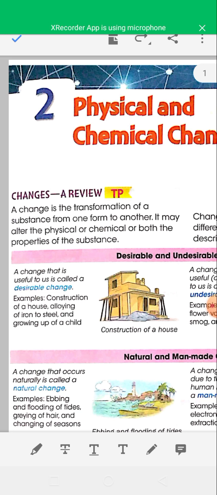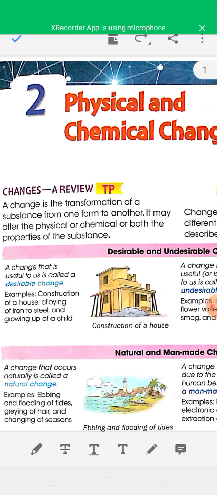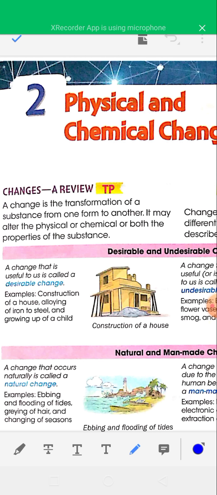A change is a transformation of a substance from one state to another state or from one form to another form. For example, conversion of ice into water is an example of a change, or conversion of water into water vapor.